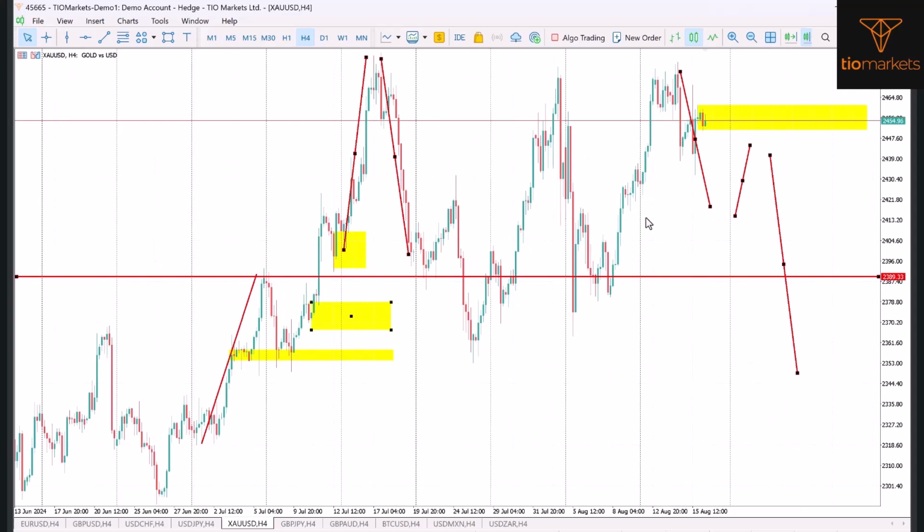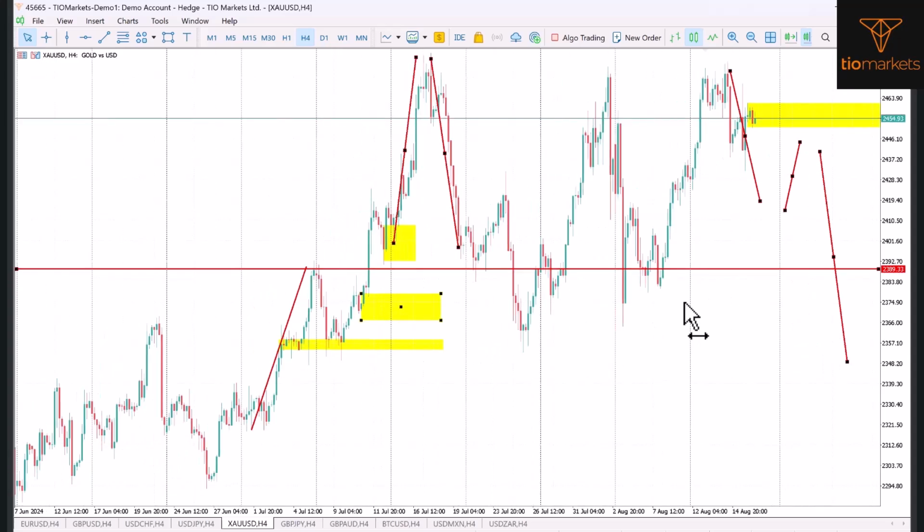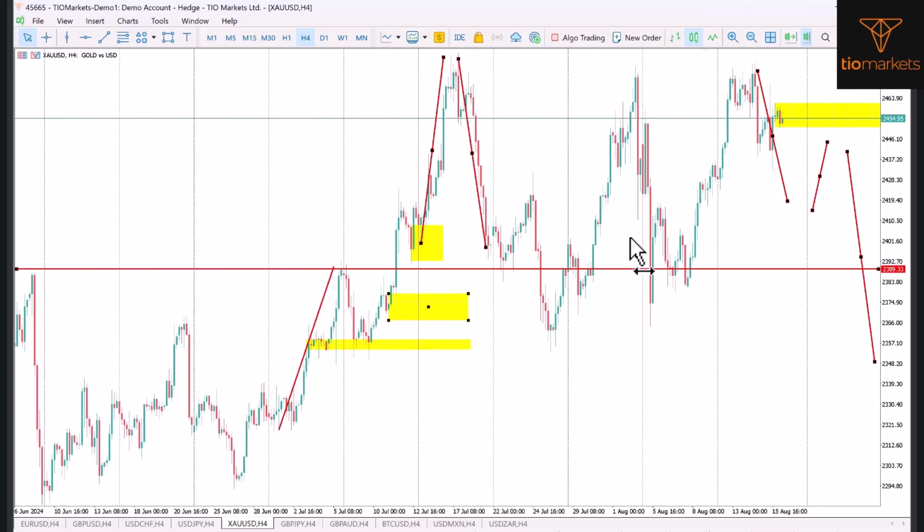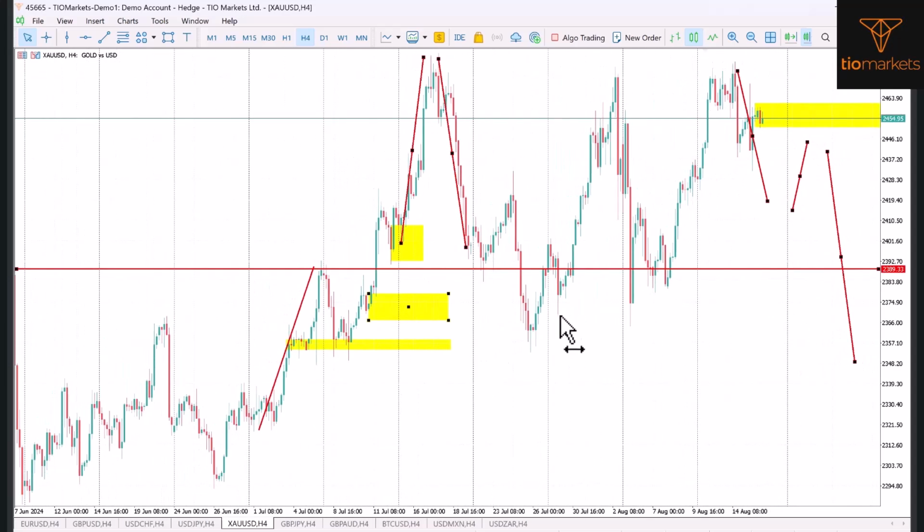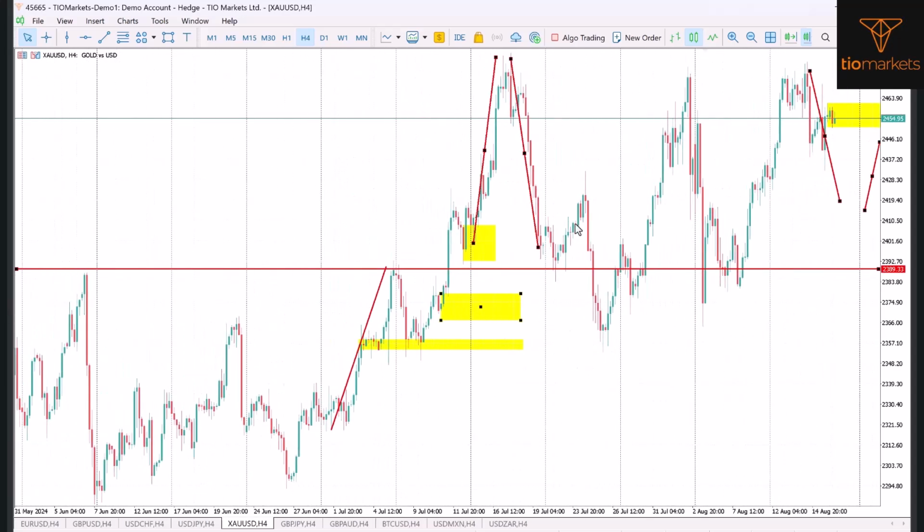So let's go to the M15. You might be asking yourself, how do we enter on the M15 after having this knowledge? On the M15, you are going to look for what we call breakers. Remember, when price is moving away like this on the H4, on the M15 it's doing the same. But when price is retracing on the H4, like what you are seeing in this area, this is a retracement.